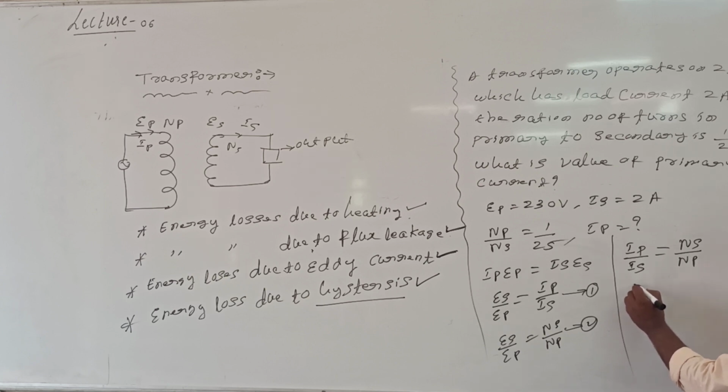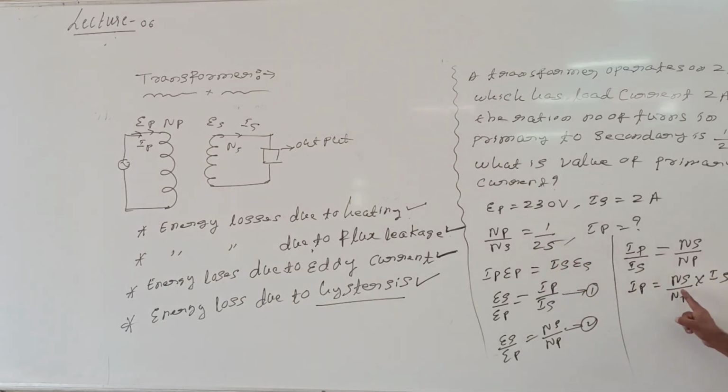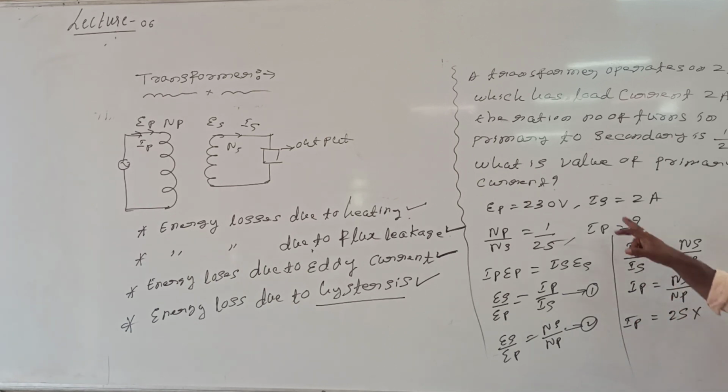See here. I need the primary current. Primary current, how to write? IP is equal to IS into NS by NP. NP by NS is 1 by 25, but here it is NS by NP, which is equal to 25 by 1. What is the current in the primary? IP is equal to 25 into IS. The load current is given as 2 ampere.